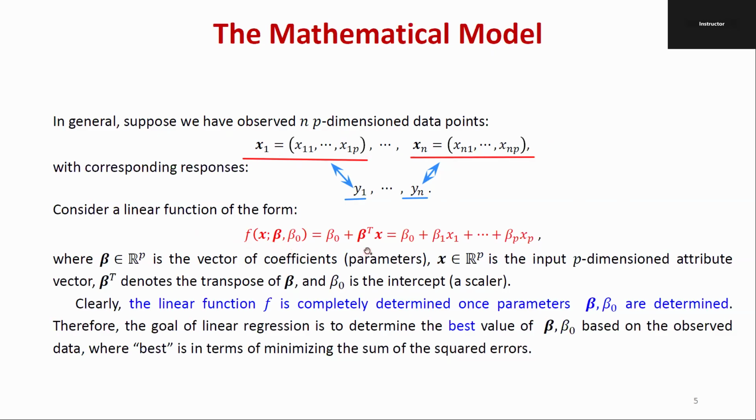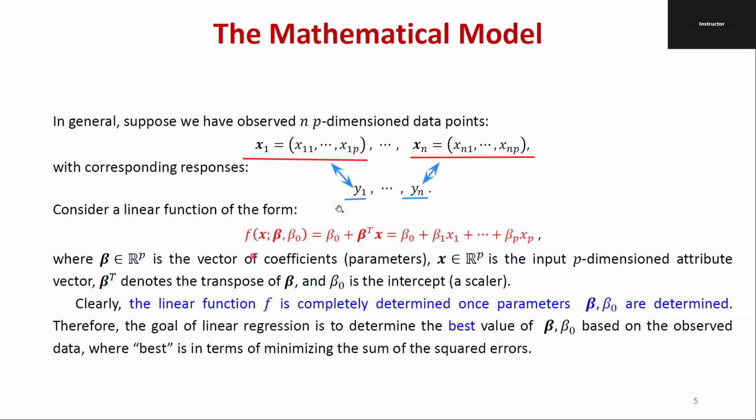The linear function is written this way: beta 0 plus beta 1 x1 plus beta 2 x2, and so on. Given p dimensions, I should have beta p times xp. Or if we want to write it in matrix form, it's simply this: beta 0 is a scalar, which is the intercept, and beta is the vector. This T means transpose of the vector, and x is the x vector.